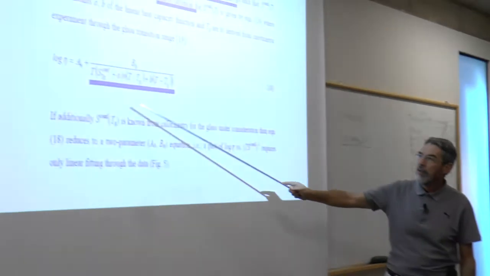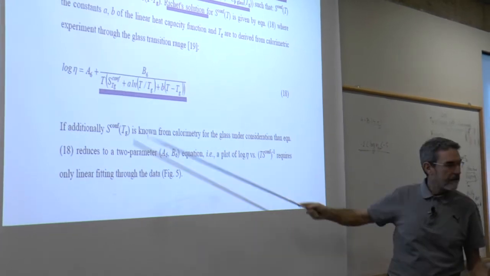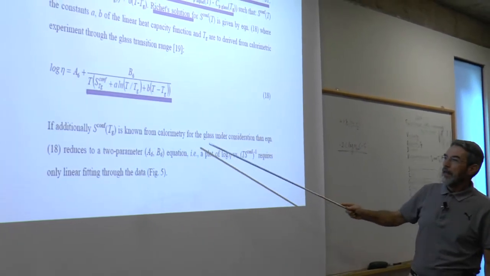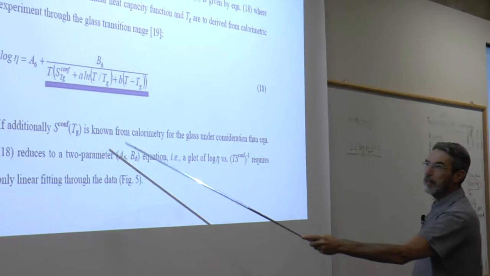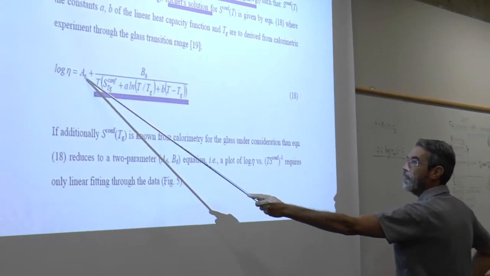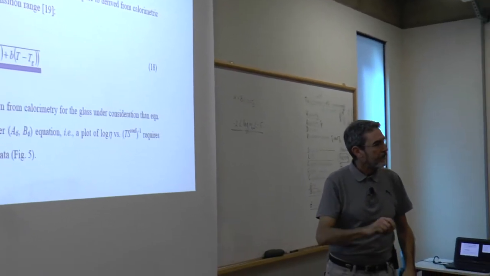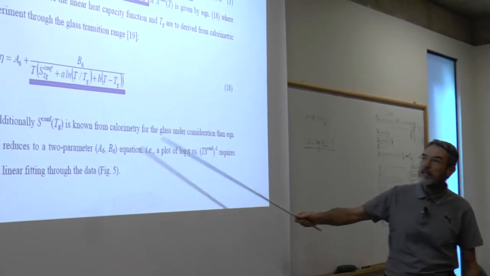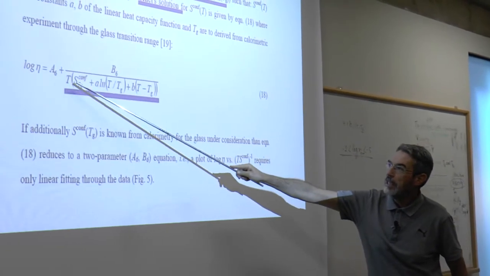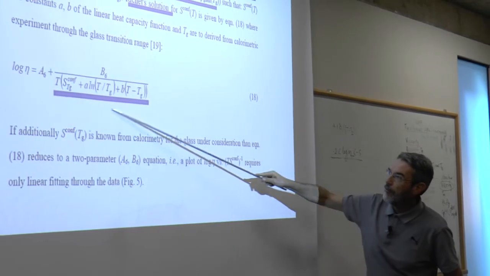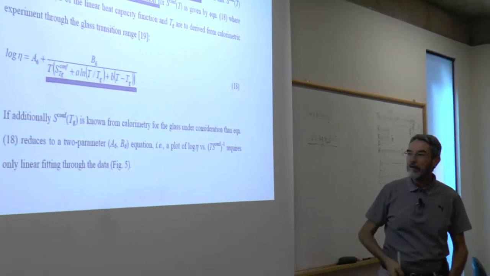So, if you measure this by a calorimeter, then this equation 18 reduces to a two-parameter, unknown parameter, A6, B6, because all the others come indirectly from calorimetry. So a plot of log viscosity versus 1 over T S conf, this expression is S conf, requires only linear fitting.